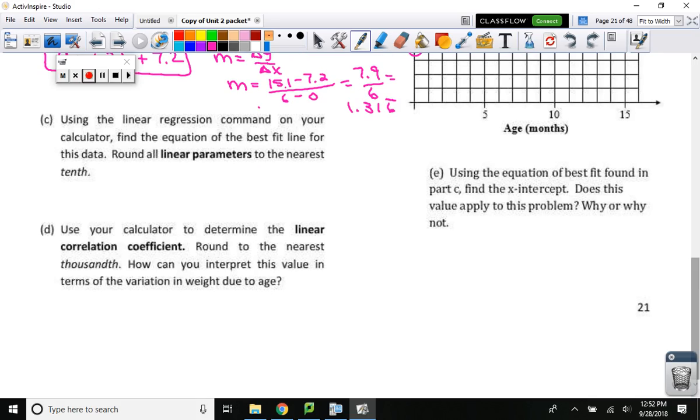My A value, rounded to the nearest tenth, is 1.2, and my B value, rounded to the nearest tenth, is 7.8. So my linear regression equation is y equals 1.2x plus 7.8.